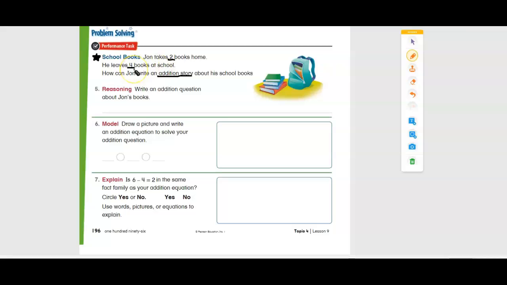When you are adding, what are you doing with these 2 parts? When you add 2 numbers together, you are joining 2 numbers. You are joining 2 numbers together when you add. So, how can John write an addition story about his school books?